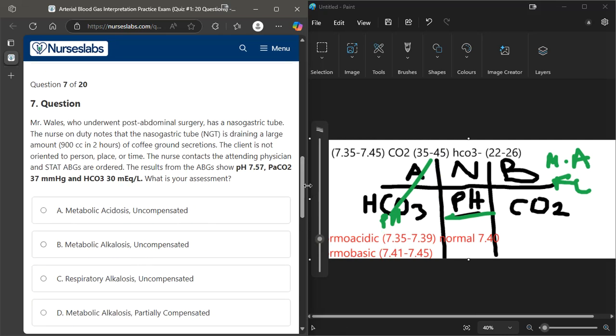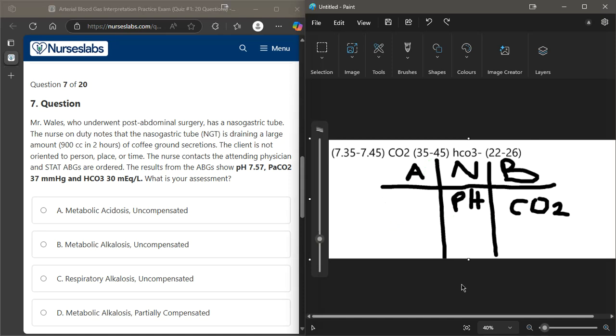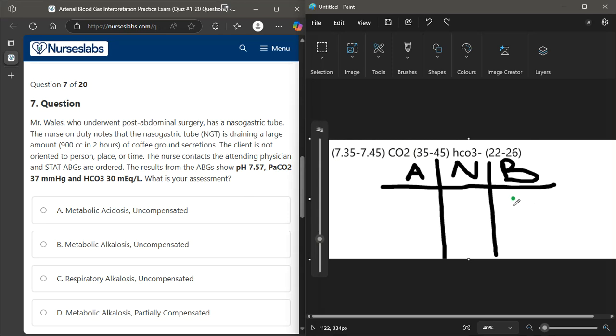Okay, let's look at the last question. So the pH is 7.57, and we know that anything greater than 7.45 is basic. So our pH is under the basic tab. The carbon dioxide is 37, which is in the normal range, and our bicarb is 30.